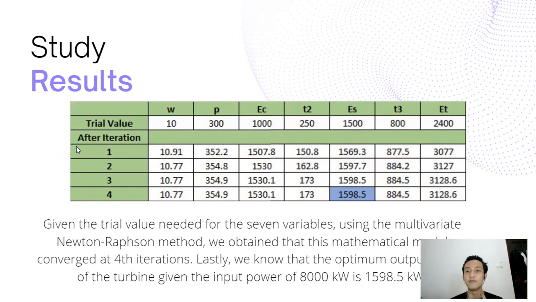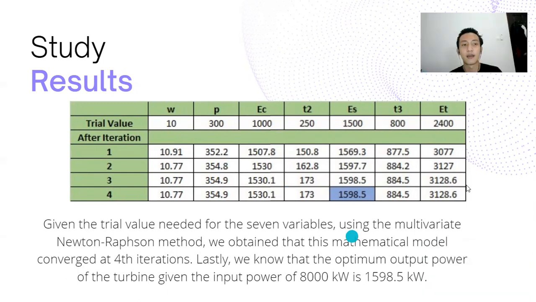After our first values, we run the Python code, and after the first iteration we can see the values jump a little drastically, from 10 to 10.91, 300 to 352, and so on, until at some point it converges.